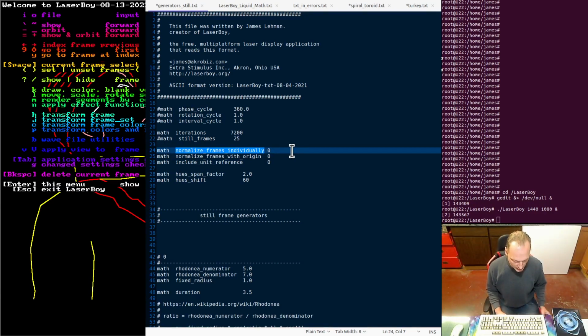If you make an animated set of frames and it starts with something that's very, very small, like maybe you've multiplied everything in the frame by 0, it would be just a point, and then it goes like this. If you normalize frames individually, it won't matter what size each individual frame is through the animation. It will scale whatever's there to fill the frame.